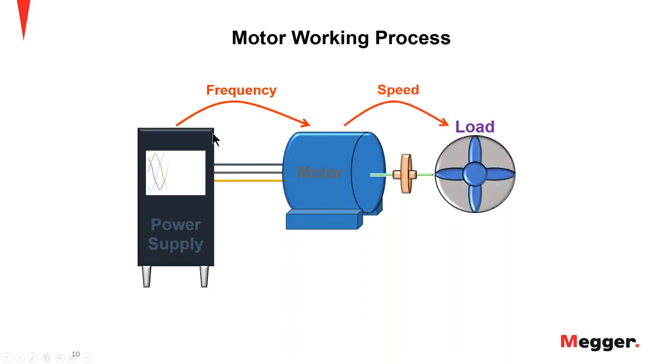So we have the rated frequency coming into the motor, and then the motor is starting to build up the asynchronous speed internally, and now we're trying to overcome the motor torque and the load torque to allow us to start spinning the load, right? Or spin pumps, or whatever that load could be.